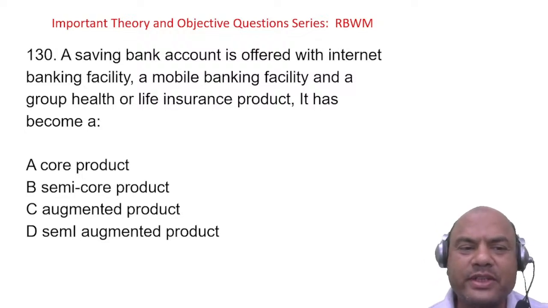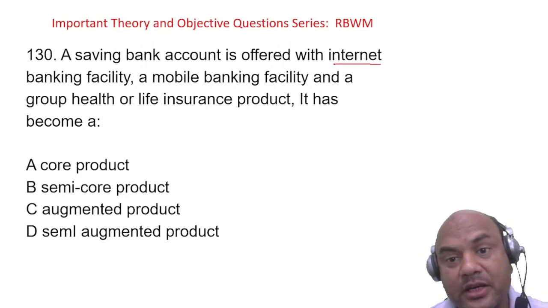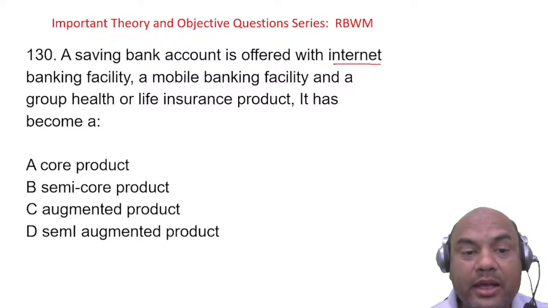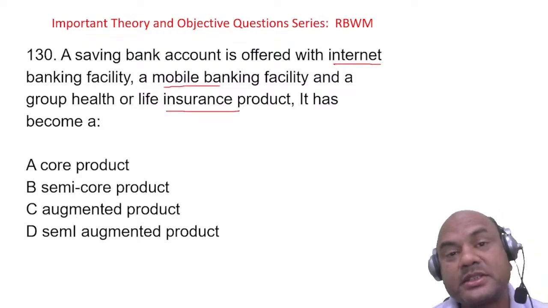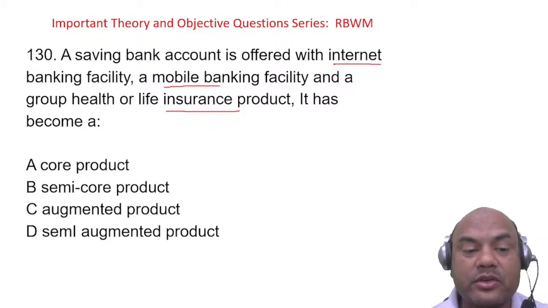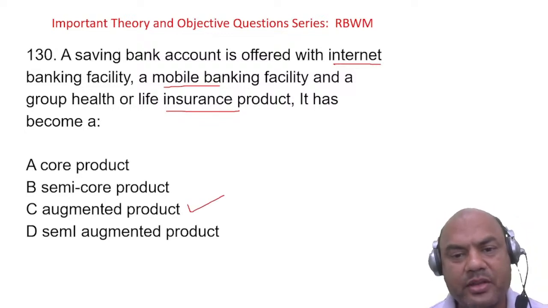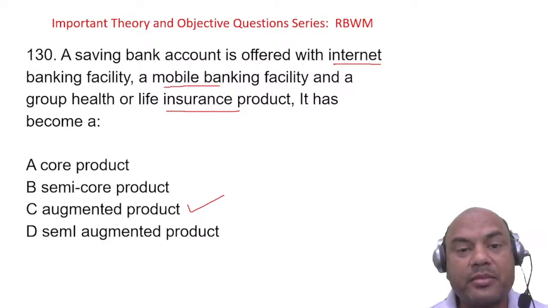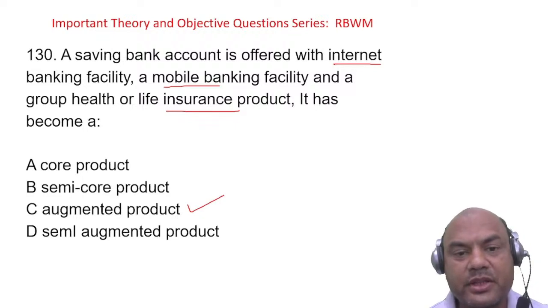Savings account is combined with internet banking, and remember, internet banking and mobile banking are separate products. The insurance policy is also a separate product. Now you are combining these with the savings account, so it has automatically become an augmented product. Got it, everyone? Next one.